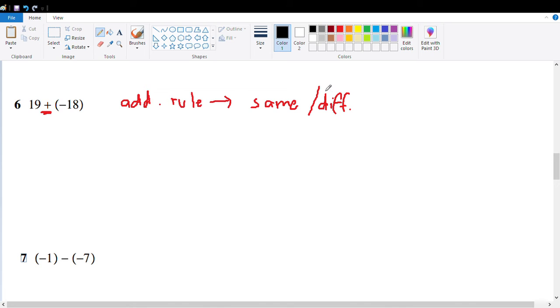They are different signs. So what do we do when we have different signs? We basically subtract. Subtract what? We subtract the absolute value of each of the numbers. So we're going to subtract 19 minus 18, not 18 minus 19. 19 minus 18 is 1.